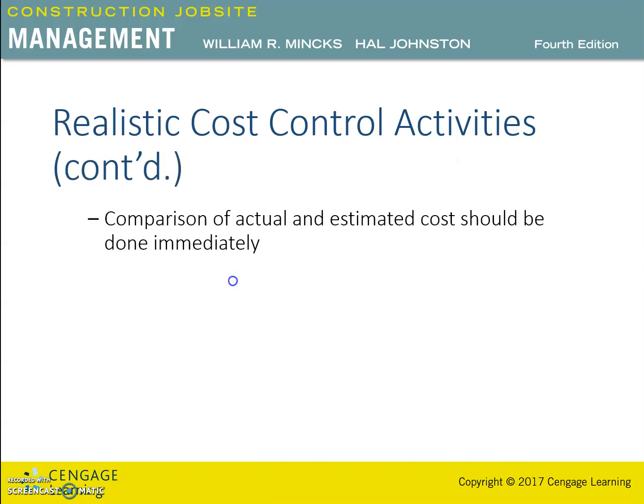A comparison of actual and estimated cost should be done immediately, providing data to field management personnel. And a feedback system should be in place to receive information from the crew relating to the causes of variances between estimated and actual costs.